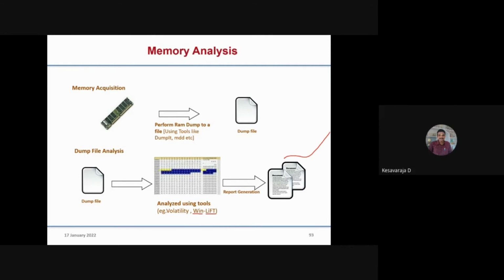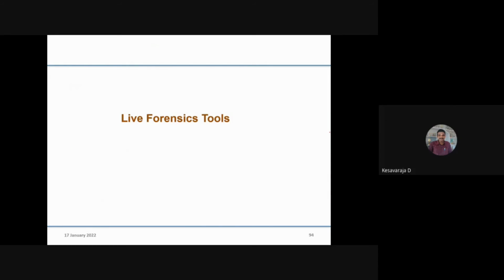If any malfunction happens, it will generate a report. So this is for live forensics memory analysis. RAM is volatile memory, so during live forensics you can create a dump file of the entire RAM and then perform the dump file analysis via WinLift software.